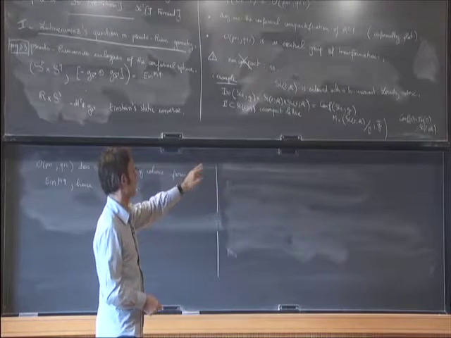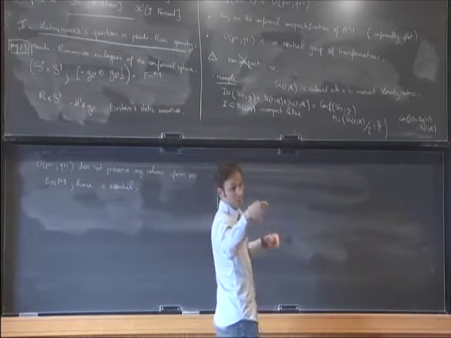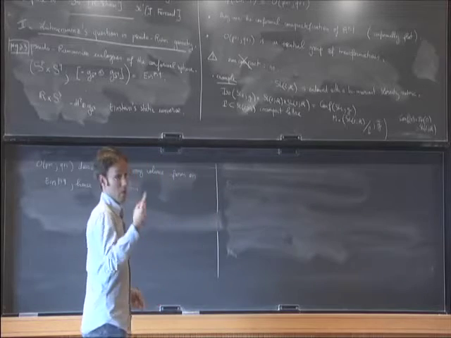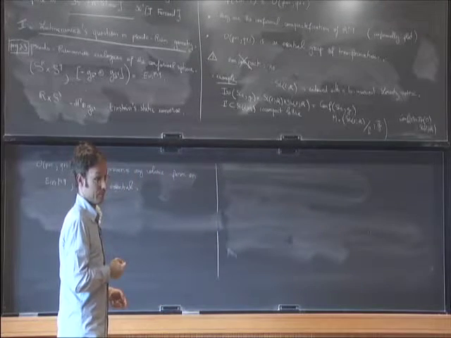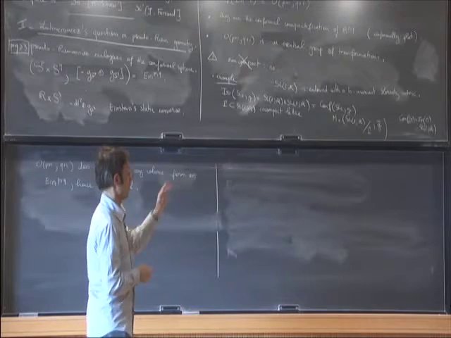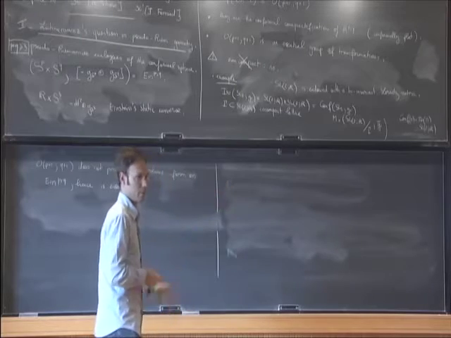Anyway, on a compact Lorentz manifold, you always have at least one closed causal curve. So it surely exists, but can you describe them?